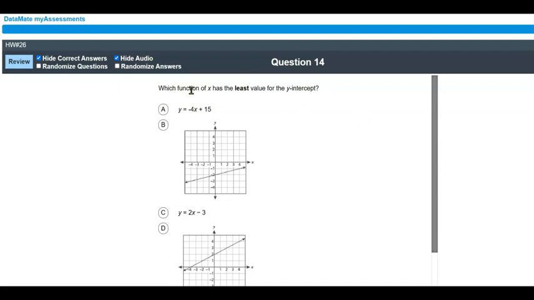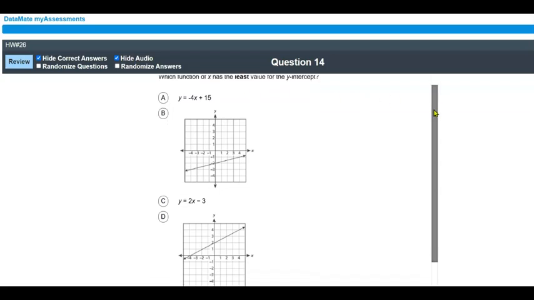In this one, they're asking you which function has the least value for the y-intercept. So when we scan down here, we see this has a value of 15. And that's negative 2. So this one's out.